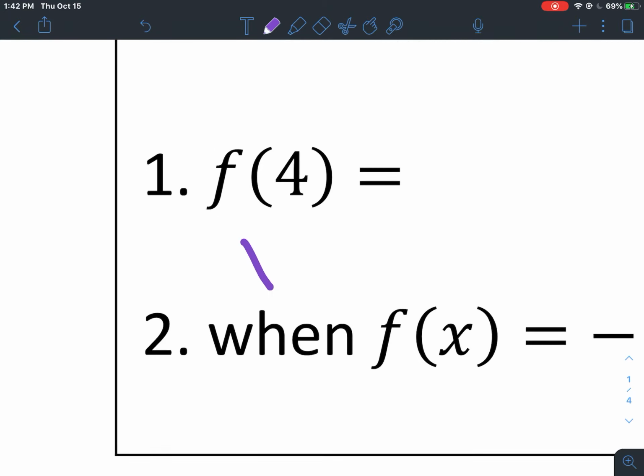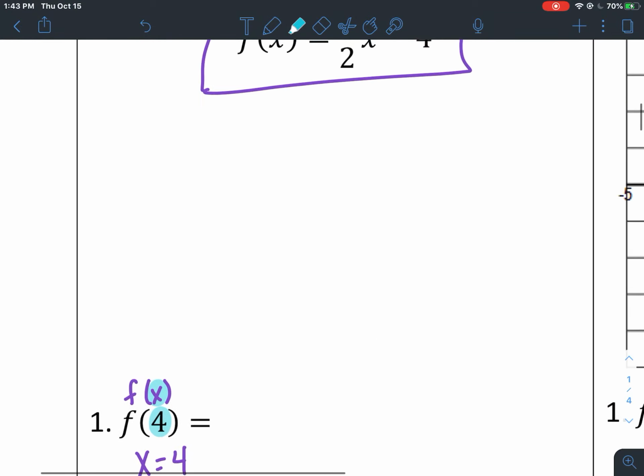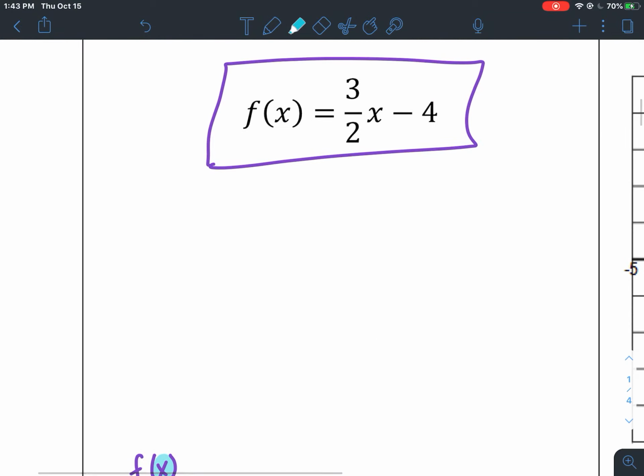So this means when x is 4, because it's f of x. Do we see that jump, how I did that? f of 4, so x equals 4. I'm going to take my function here and plug 4 in for x.